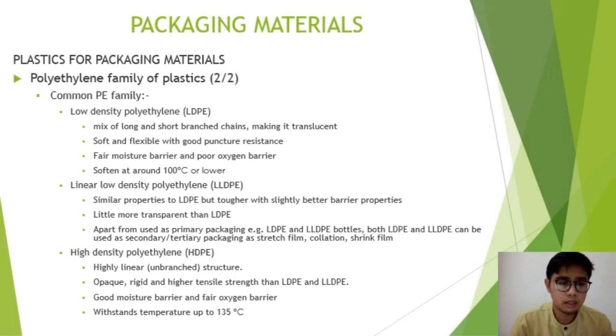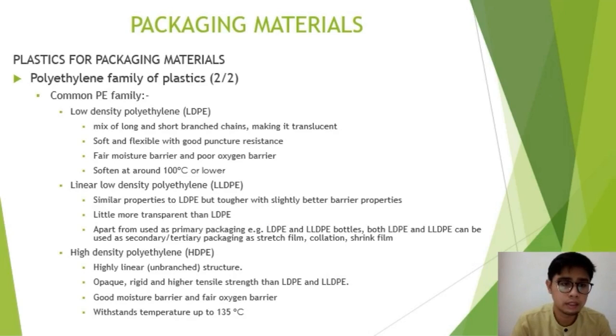Its appearance is more transparent than LDPE. LDPE is semi-transparent, and LLDPE is more transparent. Apart from use as a primary packaging, LDPE and LLDPE also can be used as secondary or tertiary packaging, as a stretch film, collation, and shrink film.